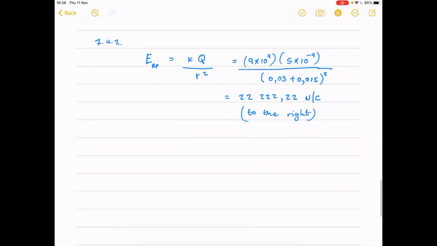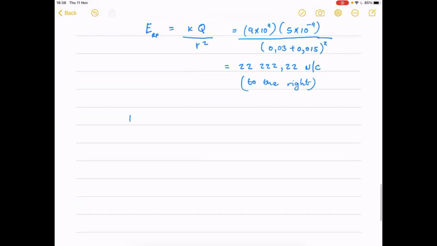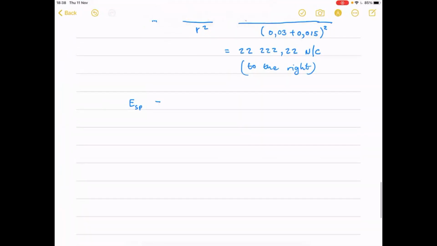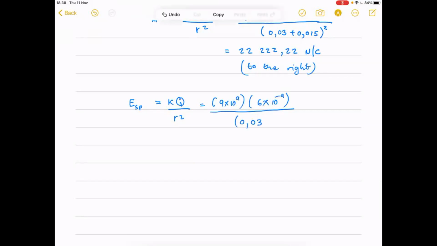Now you do the same thing for the other charge. The electric field due to S at P is equal to kQ over r squared: 9 times 10 to the 9, and Q is 6 times 10 to the minus 9, and the distance from S to P is 0.03 squared.